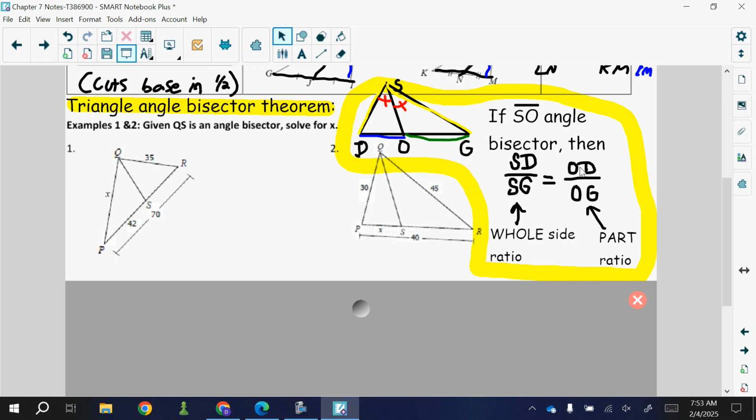And you need to check off one more condition. Notice that SD is on the left-hand side of the triangle, and OD is also on the left-hand side. So you have whole over whole equals part over part, where you're consistent, with the left-hand sides and right-hand sides both being on the same side of the fraction.